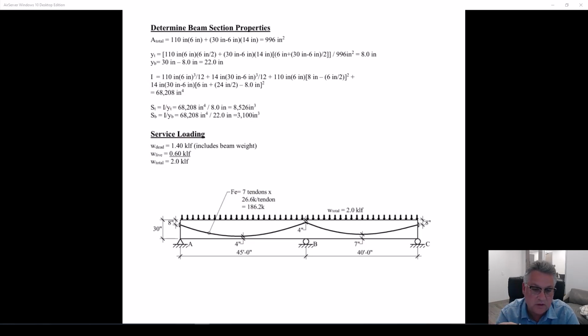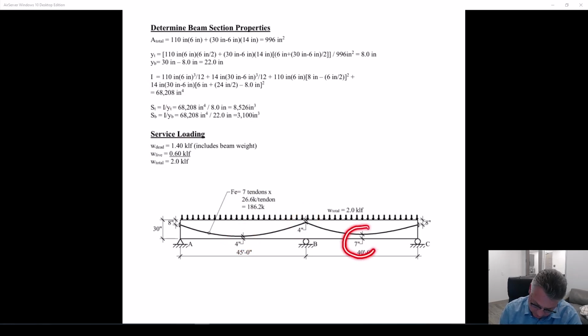But the point is that we're taking the center of gravity of that group. So when you're calculating the distance to the centroid of all that group of tendons, and you take all those other things into consideration, 4 inches is about as close as we're ever going to get. So in this course, that's where we'll be when we want to fully drape.